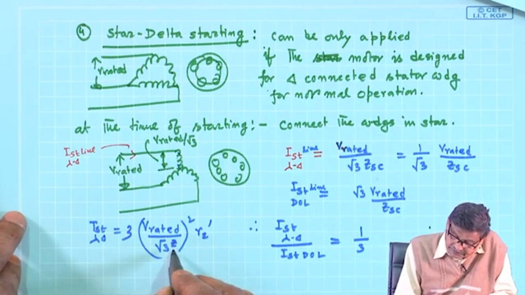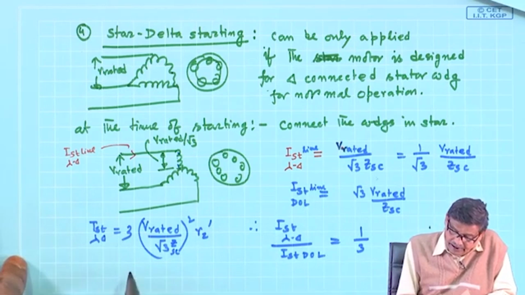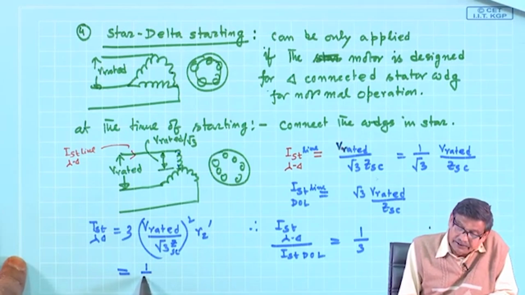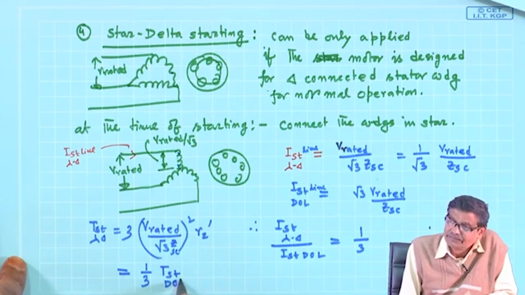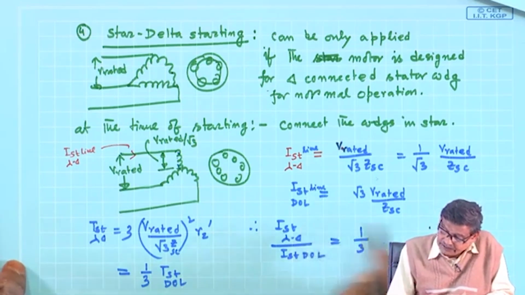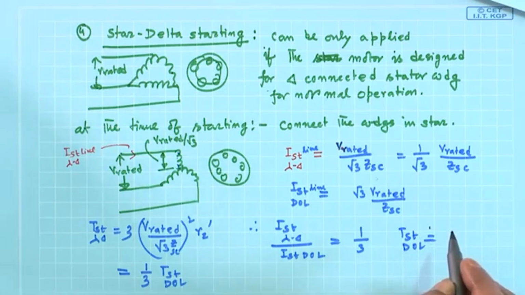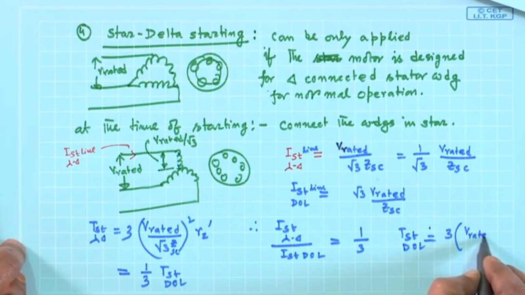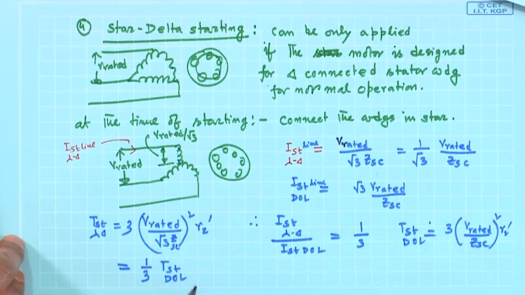And this once again will be 1/3 of T starting DOL, because T starting DOL from the previous page, you know, was 3 by V rated by ZSC squared into R2 dash. So, take the ratio, it will become 1/3. Is that clear?